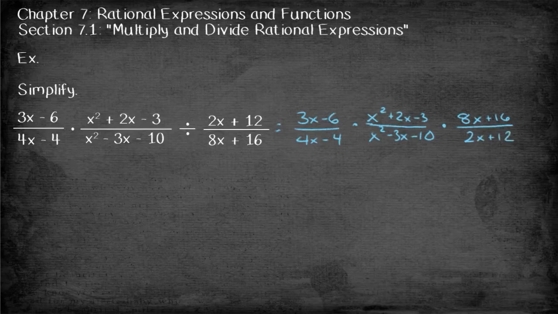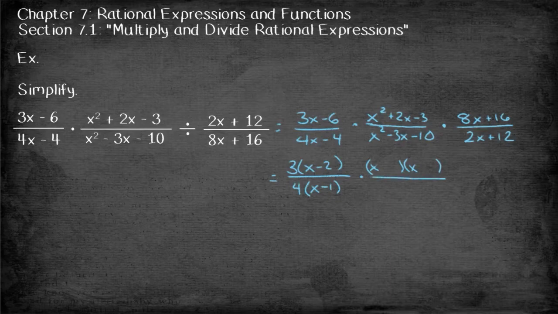Okay, so let's factor. First fraction, GCF of 3, so x minus 2. GCF of 4 on the bottom, x minus 1. Middle fraction. Okay, so it has to multiply to give me 3, so there's not terribly many things that do that. 3 has to be positive, because the middle term is positive.